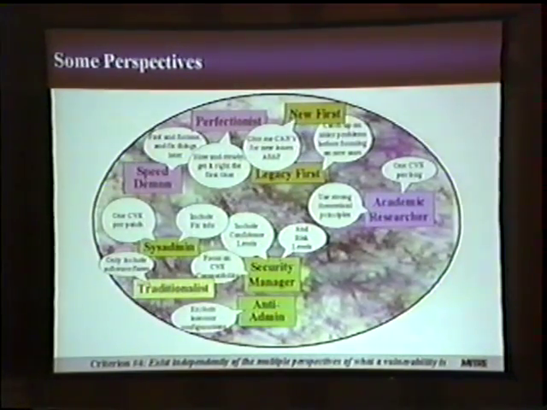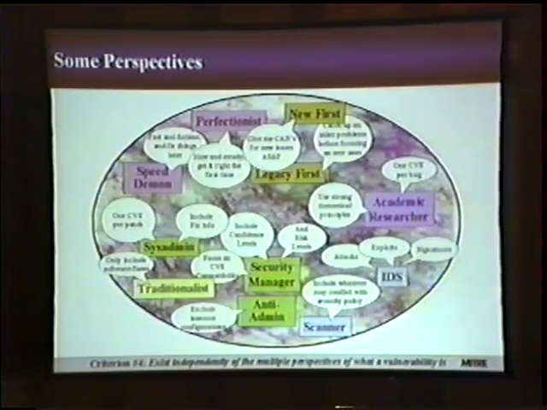There might be people who are like traditionalists, so to speak, who only really care about software flaws, your classic programming errors. Things like configuration errors, someone might take an anti-admin perspective. You know, well, an administrator can screw up their system in a whole bunch of different ways. We don't necessarily want to go through documenting the infinite number of ways that people can mess things up.